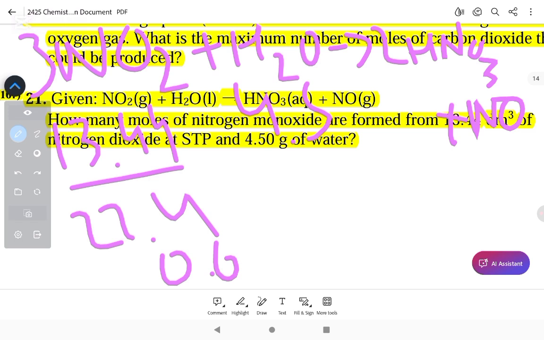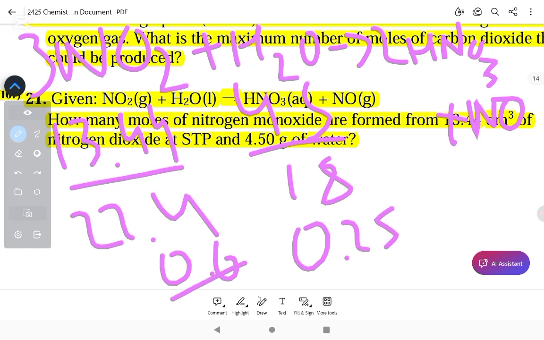And 4.5 over the molar mass of H2O, which is 18 because H2 is 1, 2, O is 16, 2 plus 16, 18. Okay, 4.5 divided by 18 is 0.25. Now as I say, you want to divide it by the coefficient.